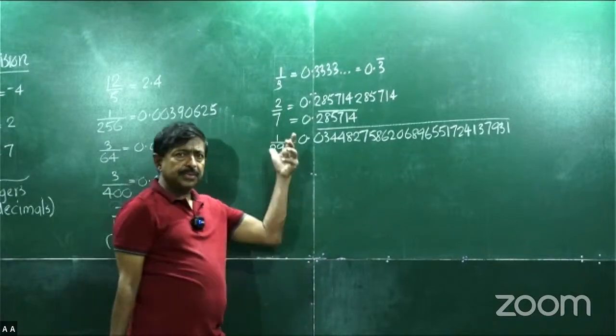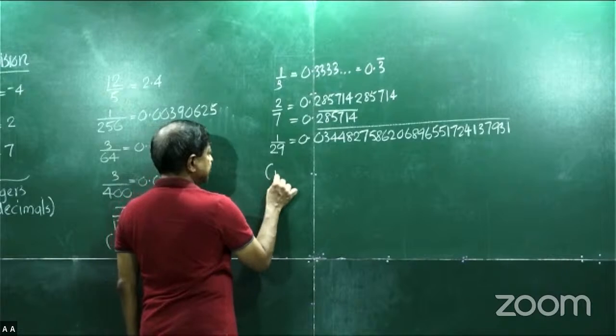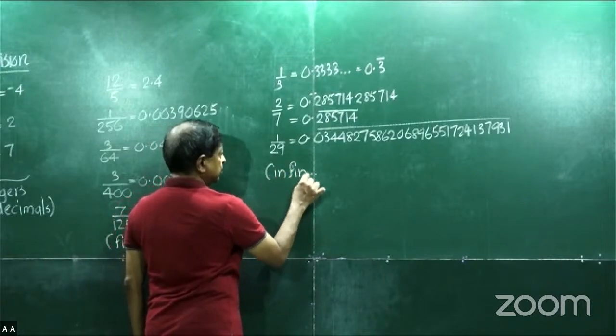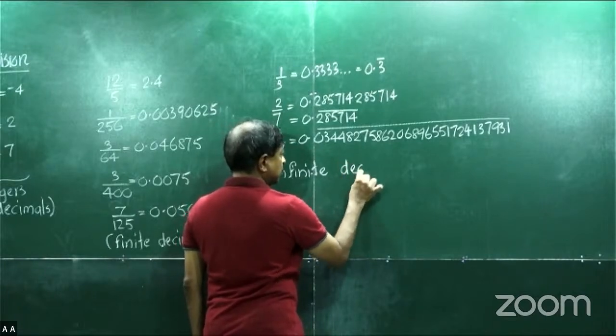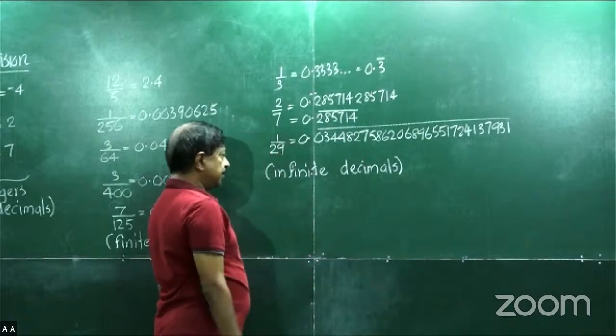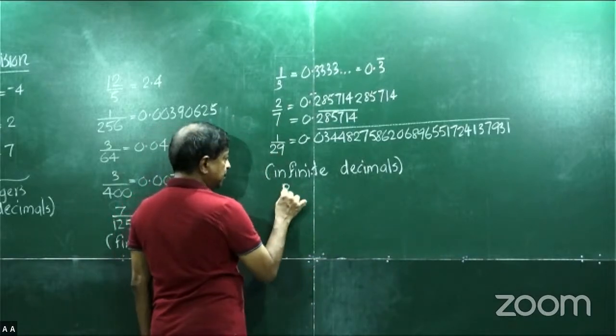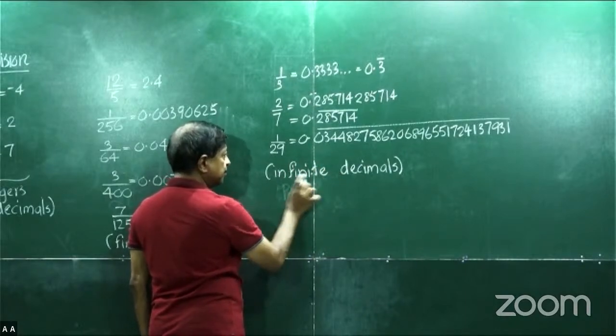Right. So that's a repeating chunk. Now here we have infinite decimals. But there's a period there. I'd say there's a pattern or repetition.